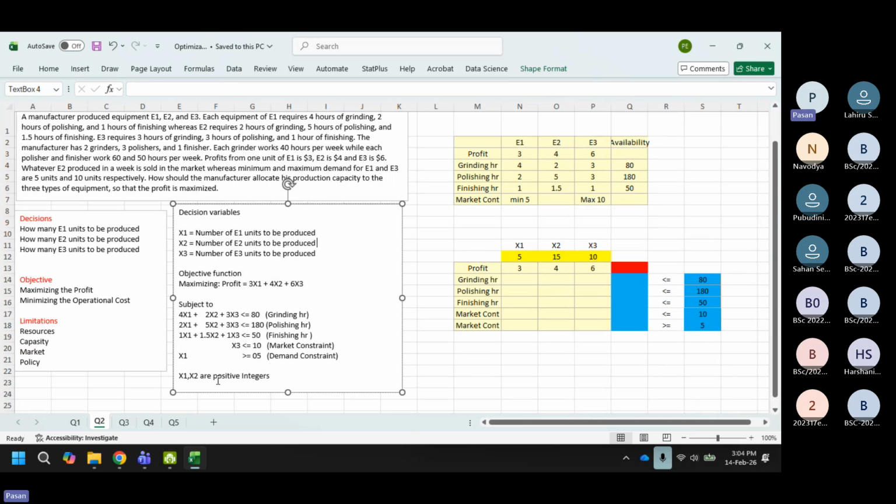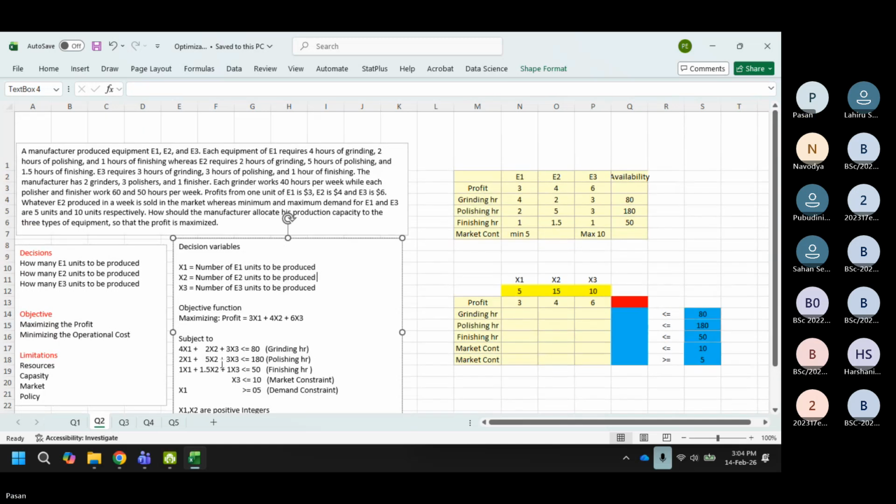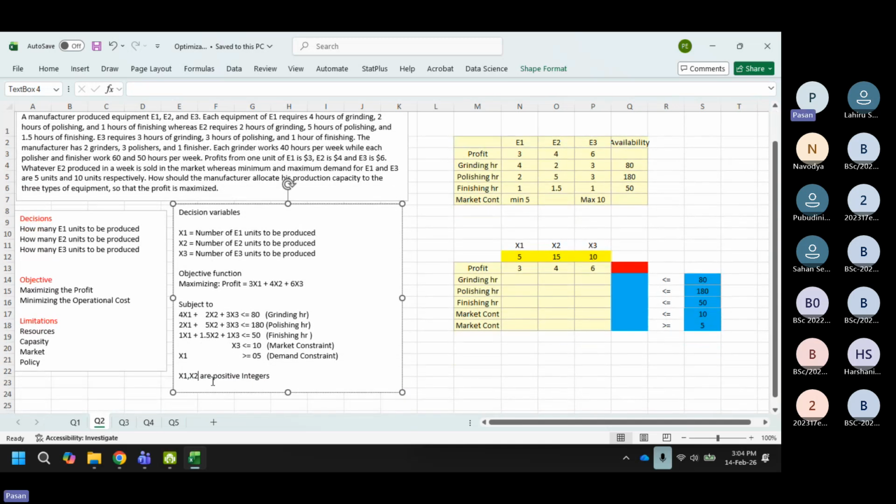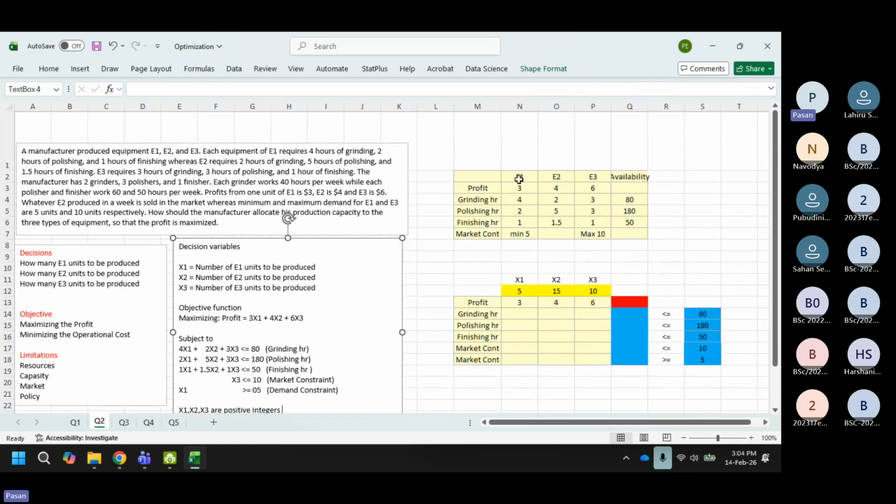And all of them, X1, X2 and X3, are positive integers, right? So we know that the integer restriction has to be there as well. If we collect that entire information here, we want to find the combination that maximizes the profit.